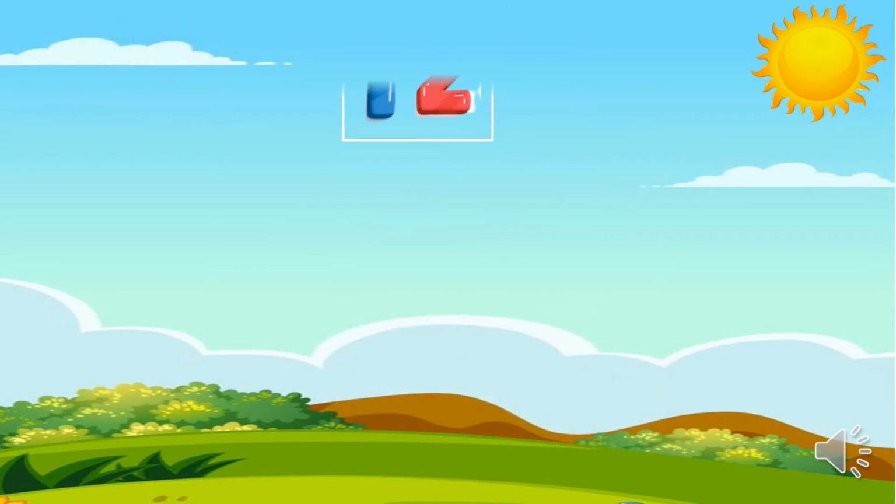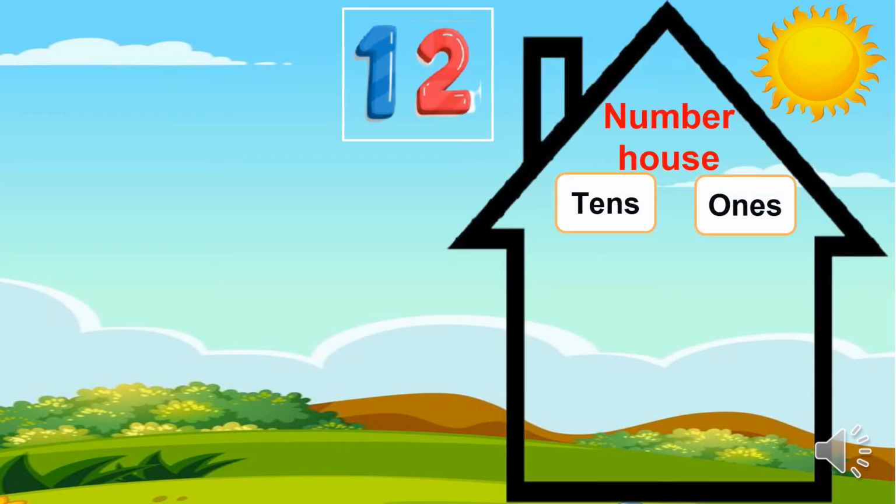Here is number 12. First we will find the place of each number. So we put our places, ones, tens. I ask myself, 1 is in which place? In the tens place. 2 is in which place? In the ones place. Now I want to get the value of each number.